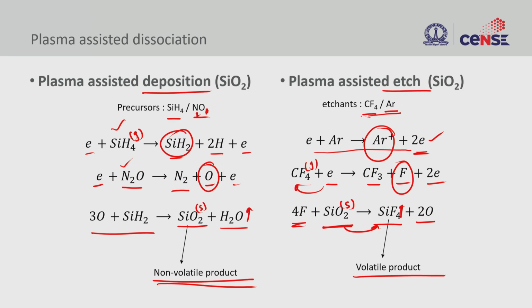In one case we start from gas and end up with a solid, but in the other case we start from gas and we react these gases with a solid and remove that solid and make that solid a gas, okay? So this is how we convert a solid material to gas or volatile products, which essentially means etching.